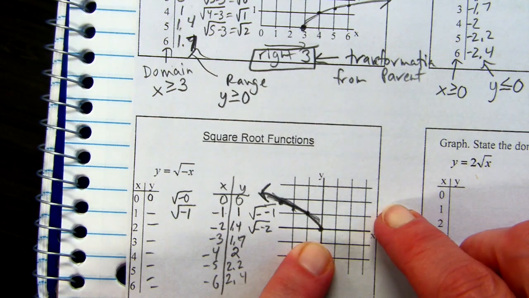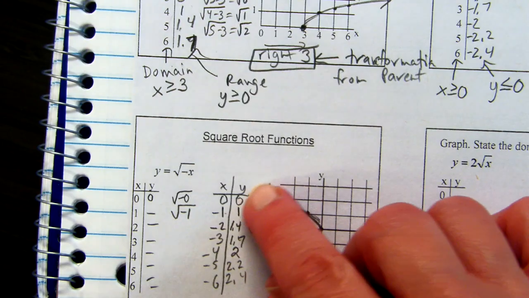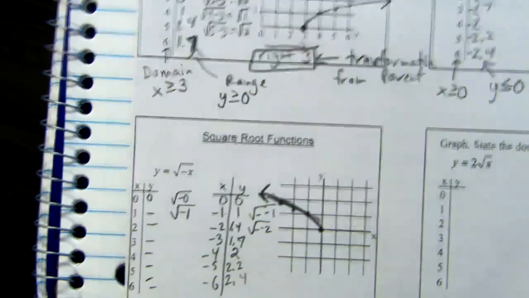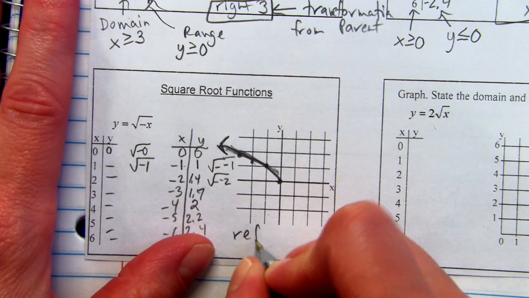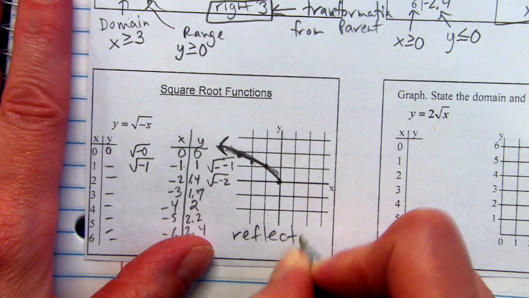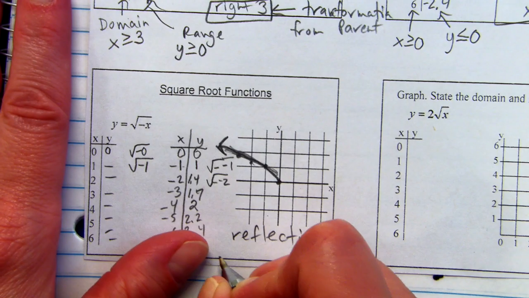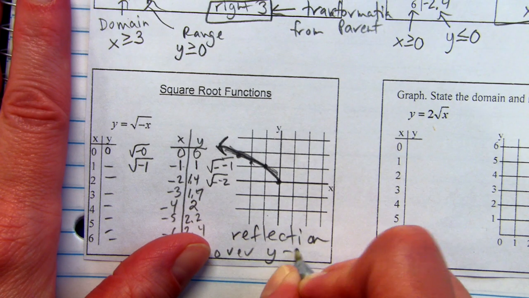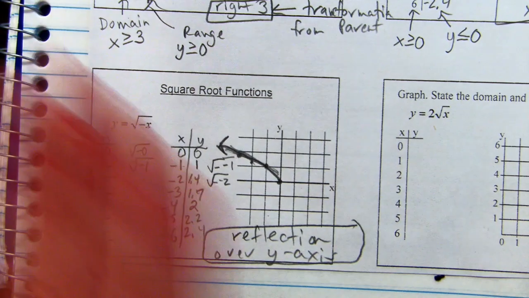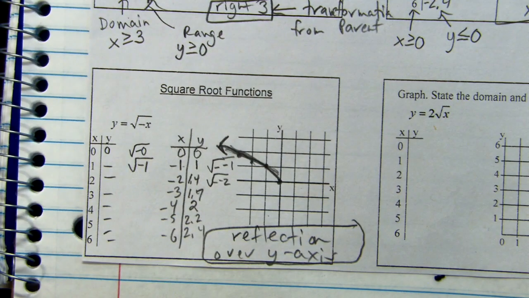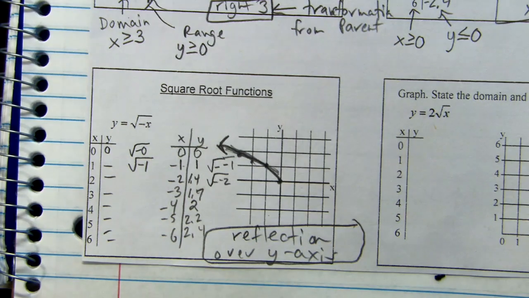So if I compare this, you can tell that's the same graph. It's just over here. The parent graph is now over here. So how do you say that? You can say that it is reflected, reflection, either way, over the y-axis.